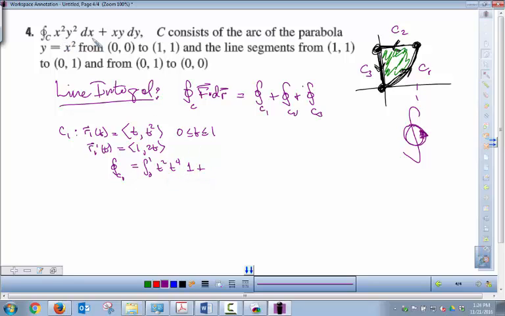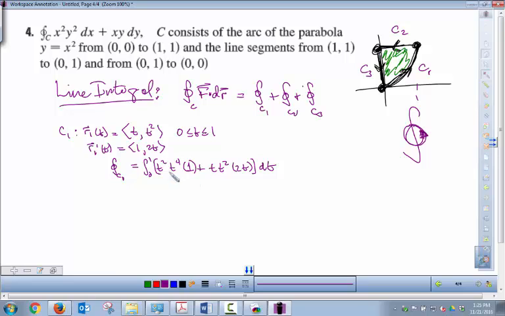So that's the first component of your line integral. The second component, x is equal to t, y is equal to t squared, and dy is going to equal 2t. And then you can simplify this and then compute it.